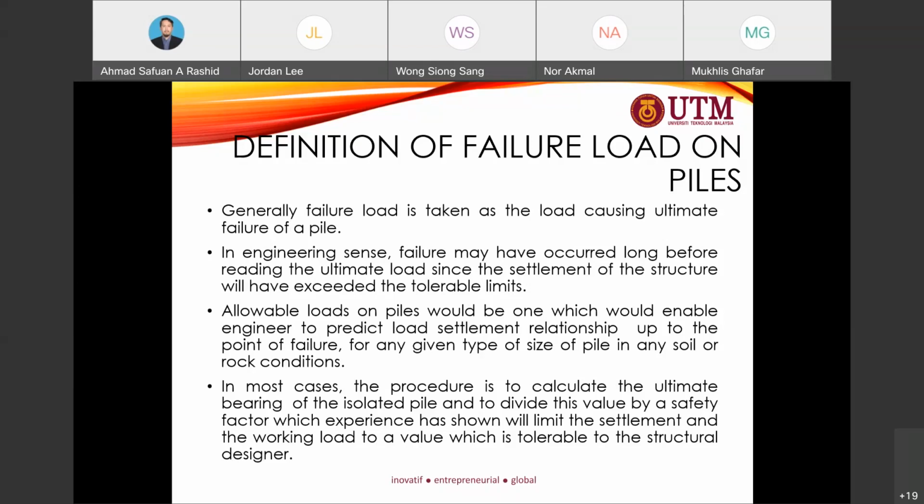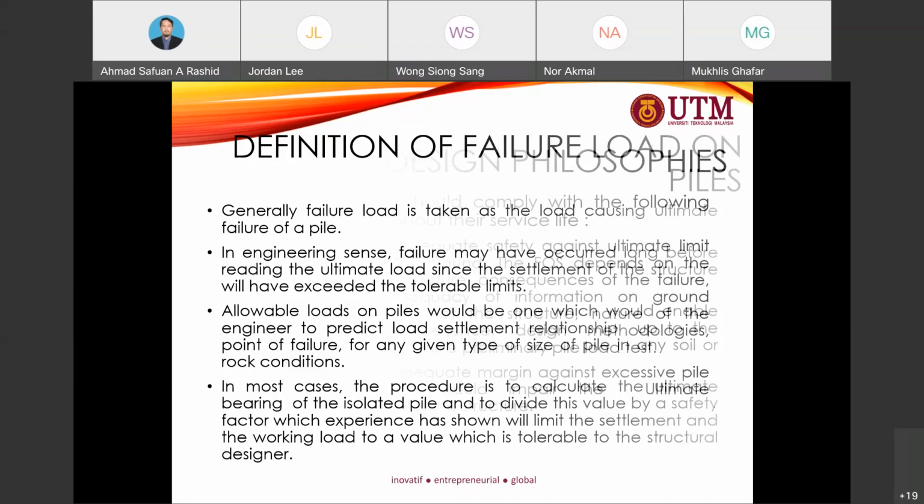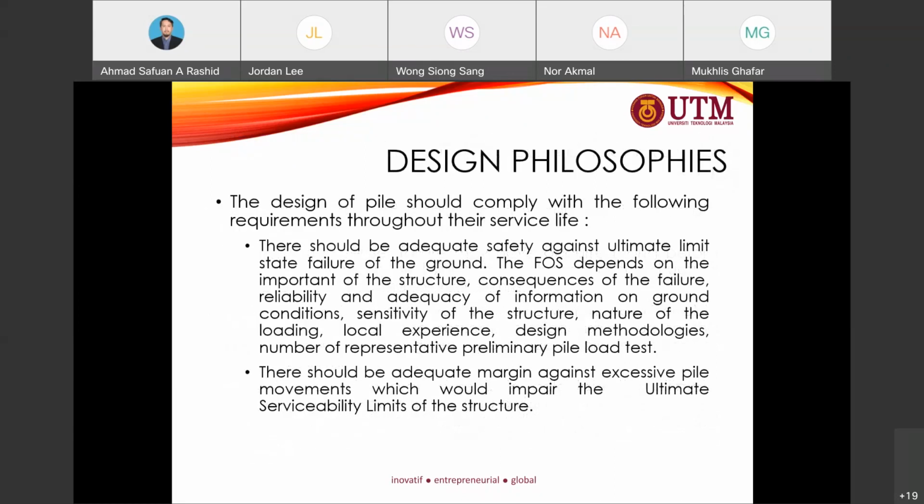In most cases, the procedure is to calculate the ultimate bearing capacity of the isolated pile and to divide this value by a safety factor which experience has shown will limit the settlement and the working load to a value which is tolerable to the structure designer. So this is the definition of the pile and the design philosophy.